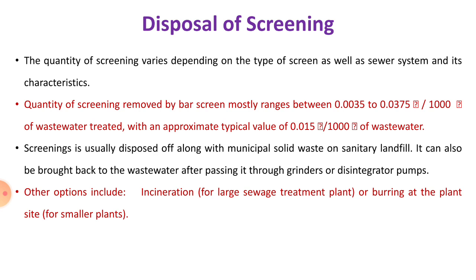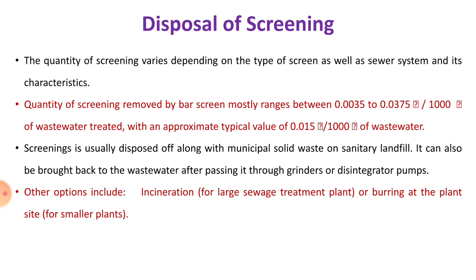Once the screening is carried out, the material deposited on the screen should be disposed of very safely. The quantity of screening varies depending on the type of screen as well as the sewer system and its characteristics.